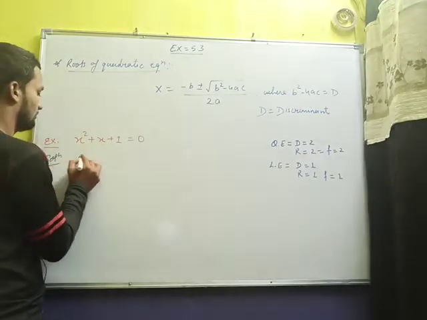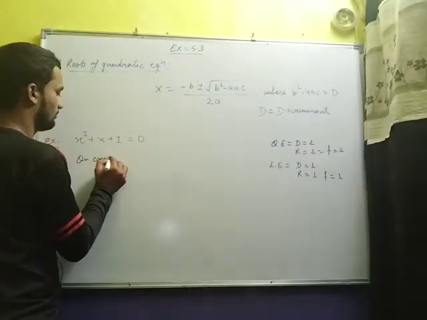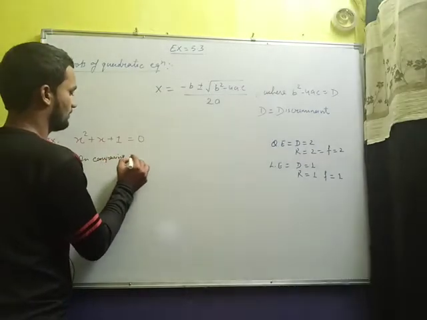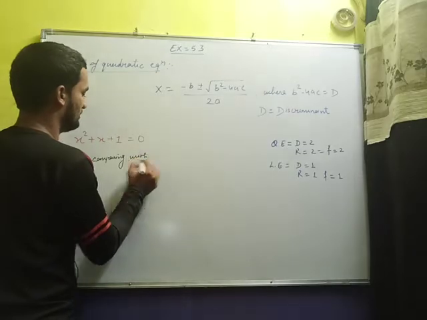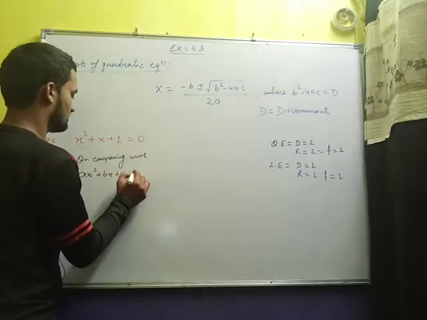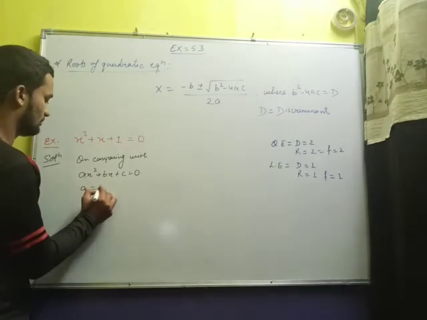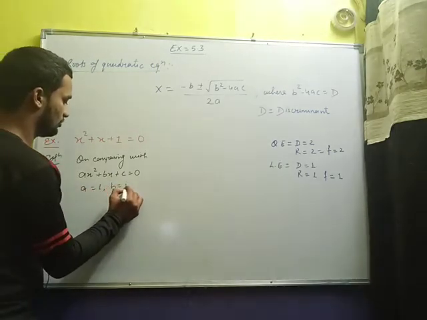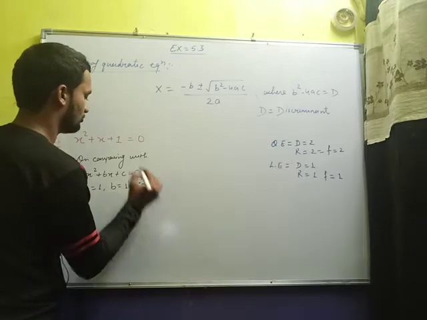On comparing with ax square plus bx plus c is equal to 0, a must be equal to 1, b must be equal to 1, and c must also be equal to 1.